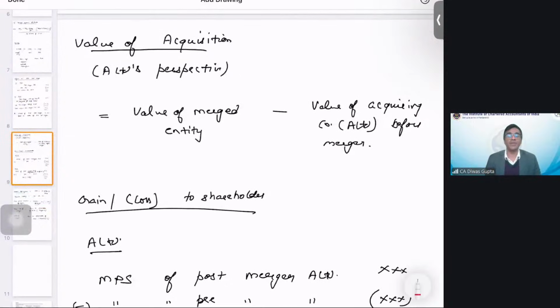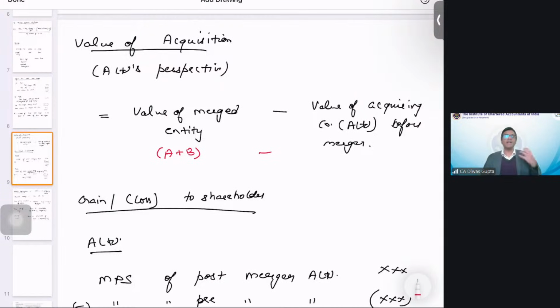Now let's come to value of acquisition. Value of acquisition is always calculated from A Limited's perspective, which is the acquiring company, right? So if I ask you what is the value of acquisition? The value of acquisition is the value of the merged entity, which is A plus B put together, minus the value of the acquiring company before merger.